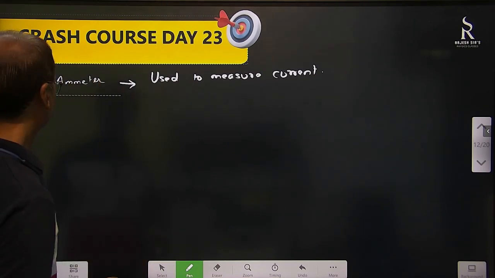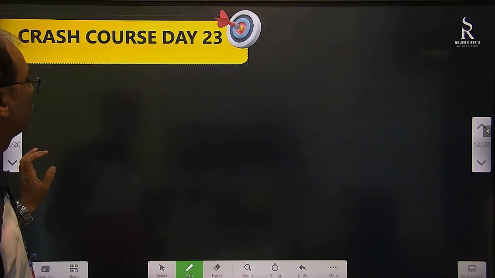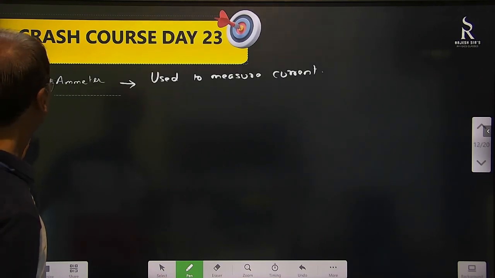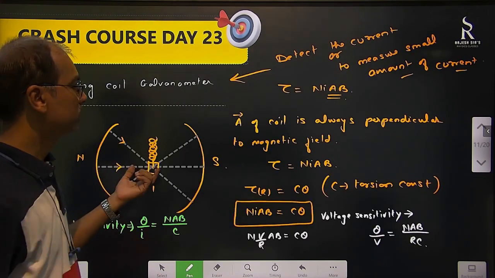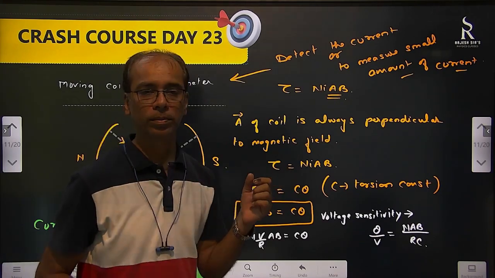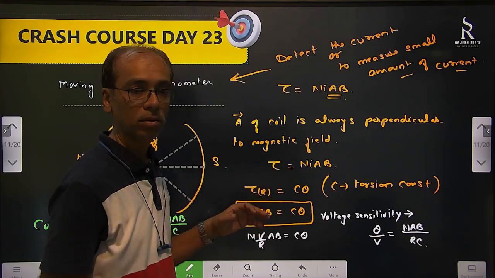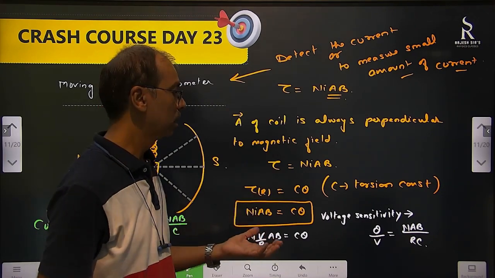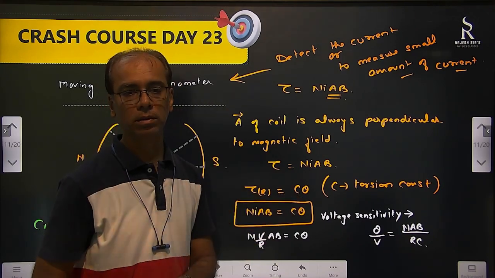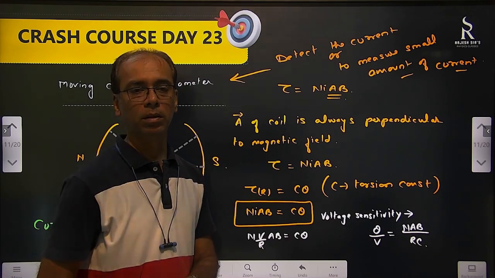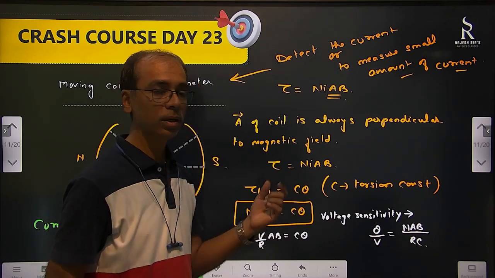What was the reason? If we have a large amount of current in the galvanometer, there will be more torque also. If there is higher torque, it can break our spring.